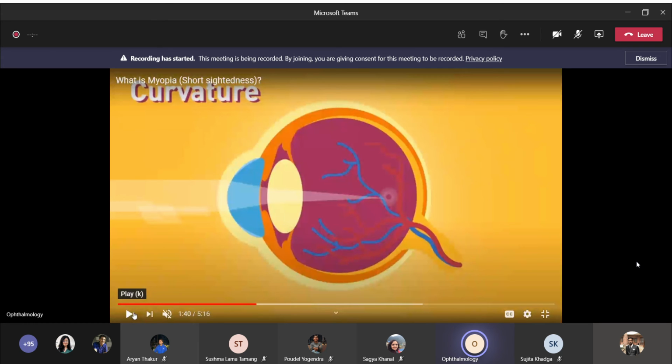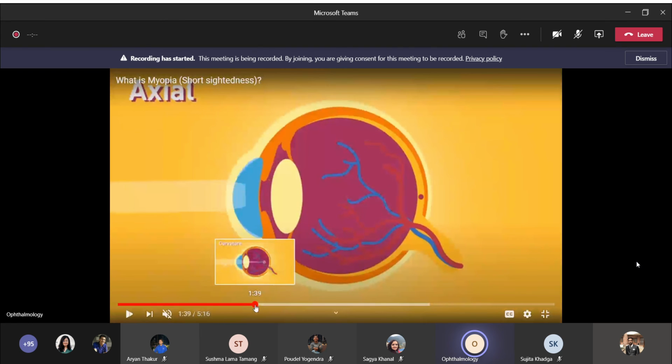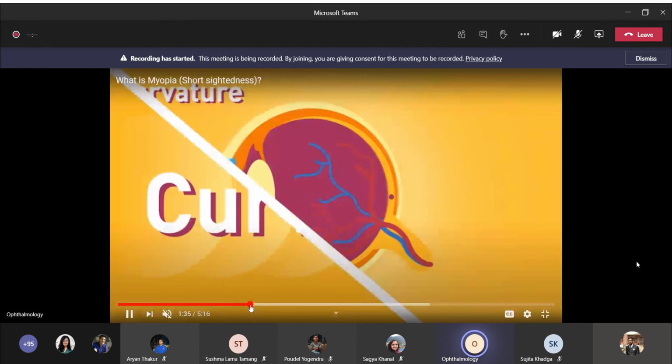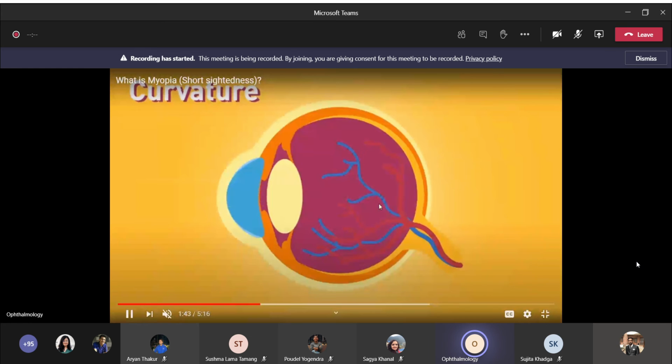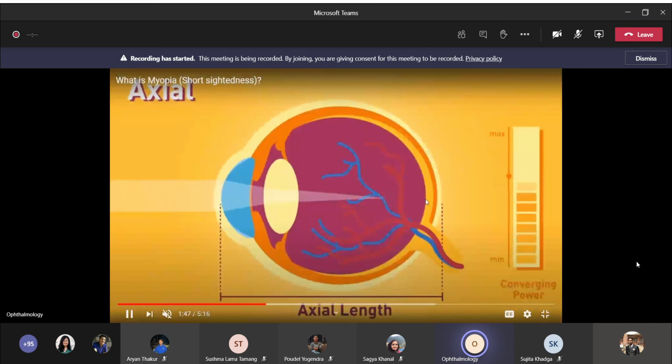So you can see here, the curvature of the cornea is increasing and the light is focused in front of the retina. Another one is axial: the axial length of the eyeball increases and the rays are focusing in front of the retina.